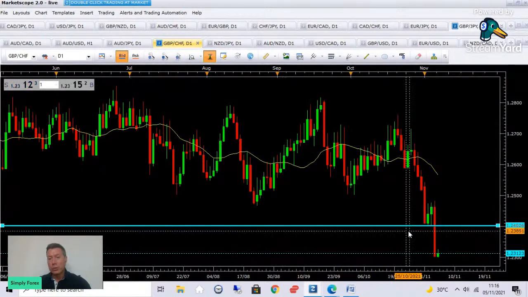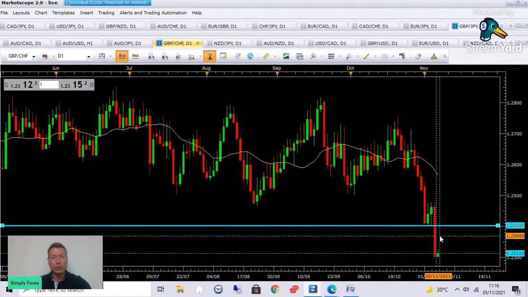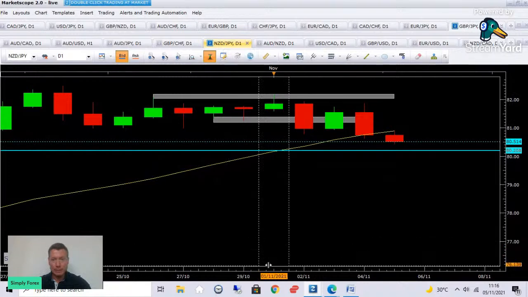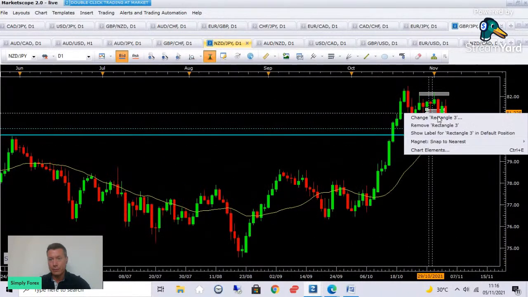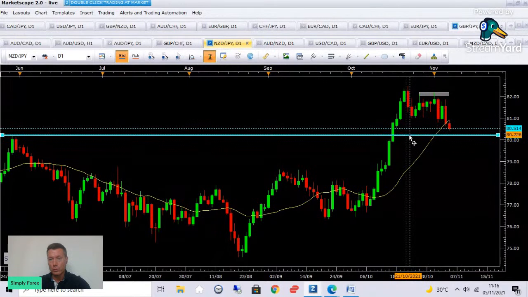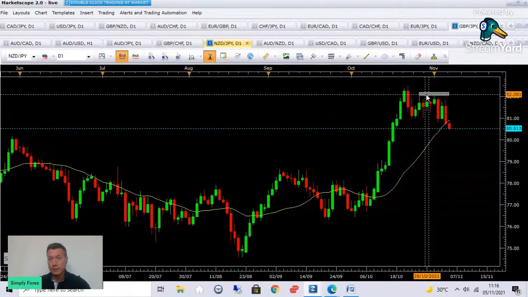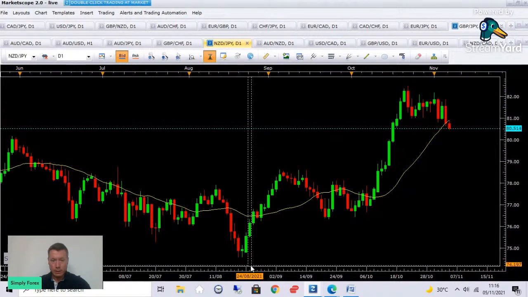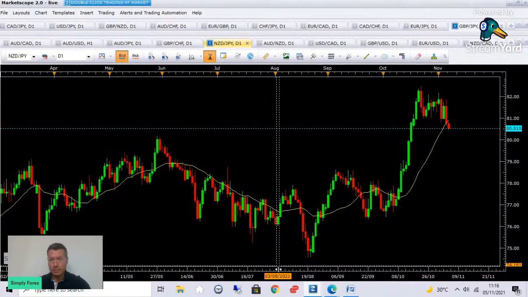Okay. So, I'm not looking to take this trade, too oversold. New Zealand Japanese yen, again, guys, let's remove the old support and resistance zones, because we were looking at new, fresh areas.